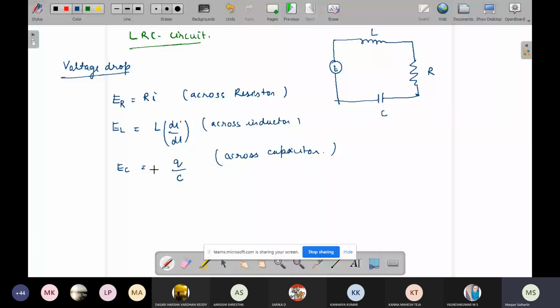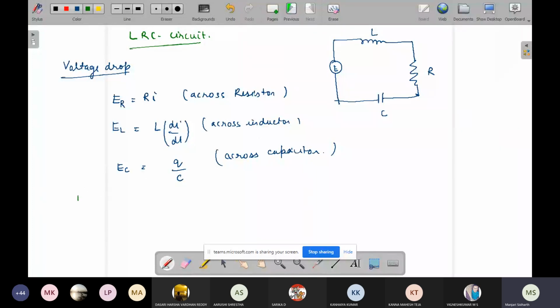Now you know that by Kirchhoff's voltage law, the sum of the voltage drops across resistor, inductor and capacitor is equal to the total electromotive force in a closed circuit. So when we are talking about a closed circuit, only then will it be equal to all of these voltage drops across the resistor, inductor and capacitor.